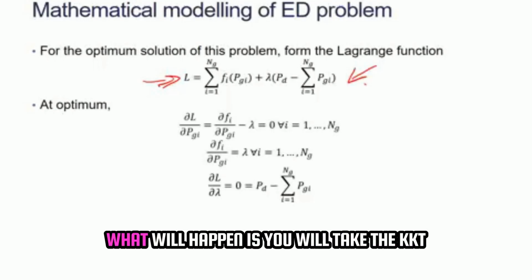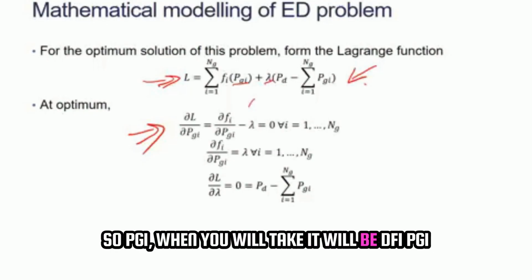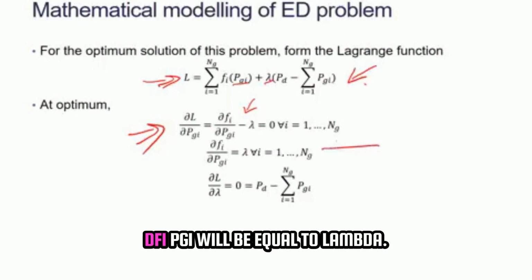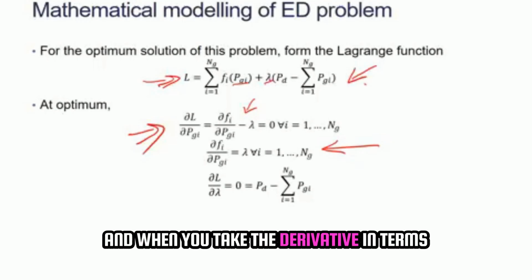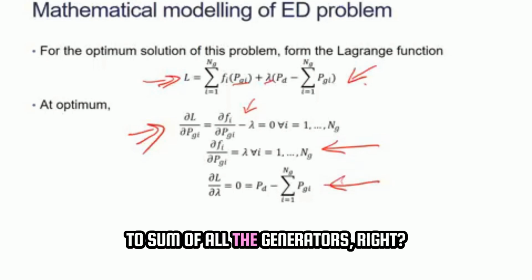At optimum, you will take the KKT conditions in terms of all the variables, which are PGi and lambda. For PGi, it will be dfi/dPGi minus lambda equal to 0, so dfi/dPGi will be equal to lambda. And when you take the derivative in terms of lambda, it will be PD equal to the sum of all the generators.